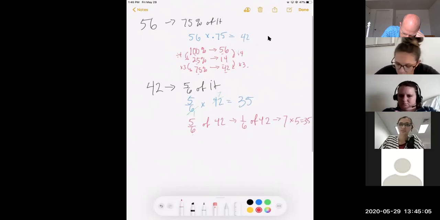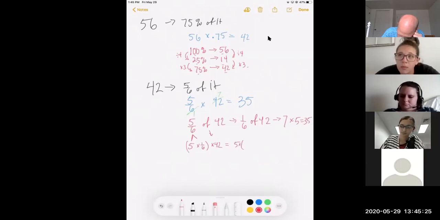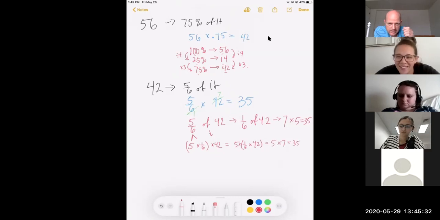What you're doing is breaking up the 5/6 into 5 times 1/6, and then the of 42 comes down to be times 42. When you break it up like that, we can use the associative property to say 5 times 1/6 times 42, and that's 5 times 7. So that's why that thinking works.